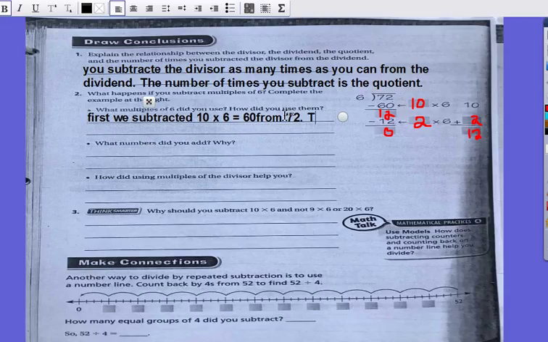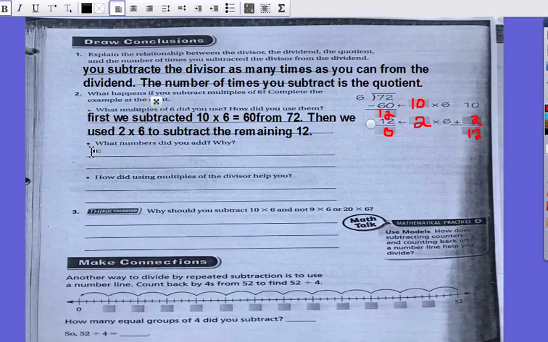Then we used 2 times 6 to subtract the remaining 12. I guess that's what we did.